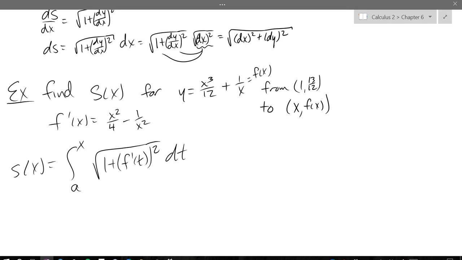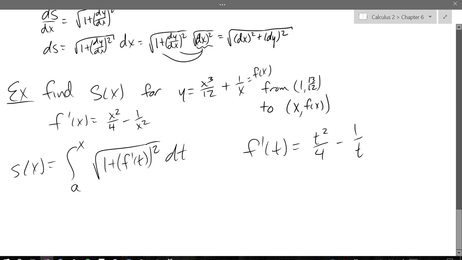All right, try to do that fancy algebra without looking back at how we did it last time. So this pretty much came down to algebra. We've got to square f prime first. So there's f prime of x right there. So f prime of t is t squared over 4 minus 1 over t squared.